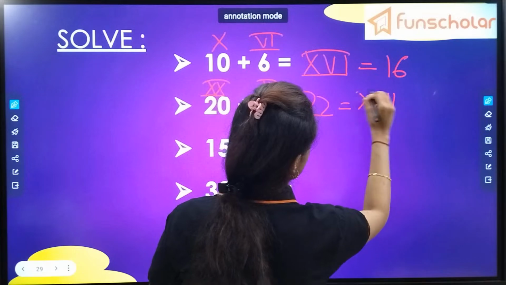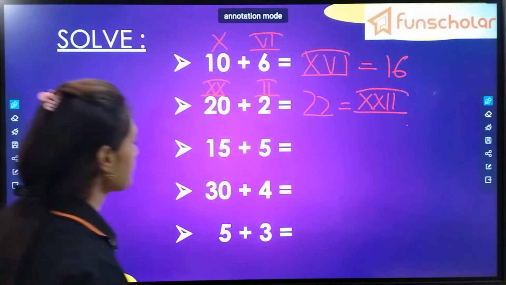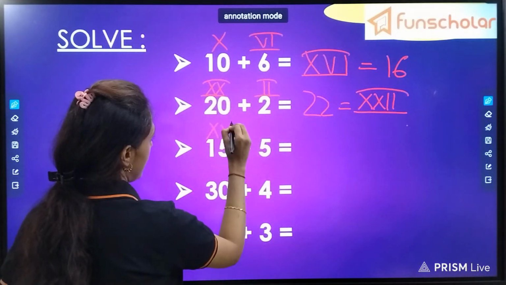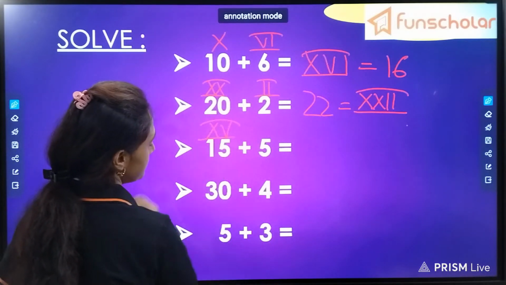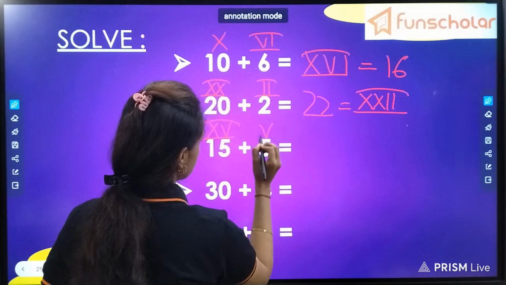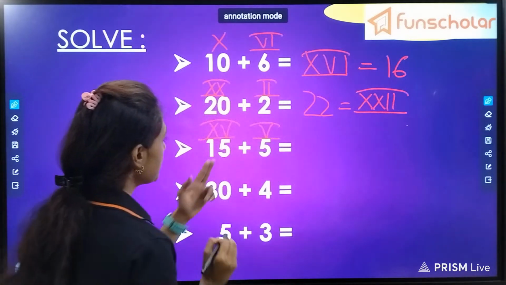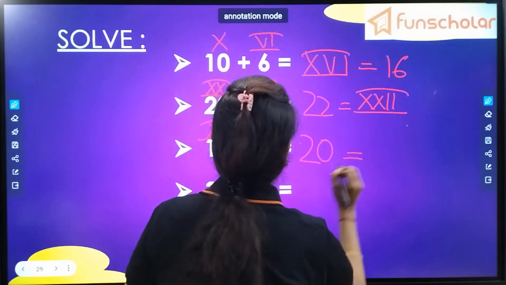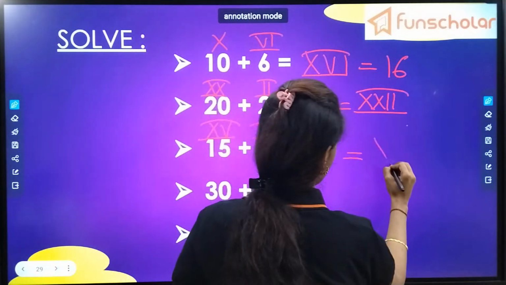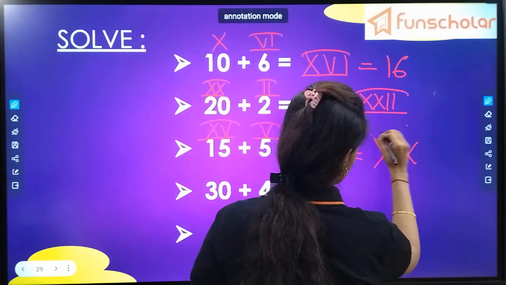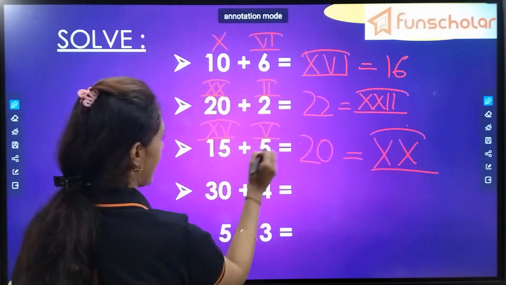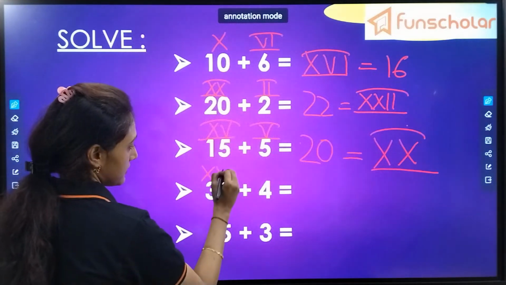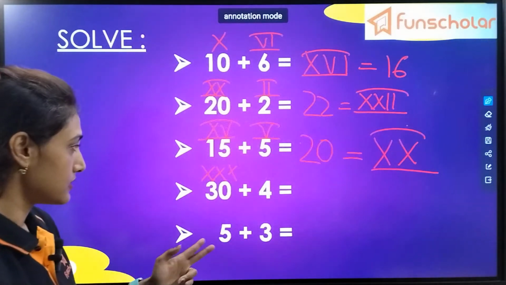XXII, right? Now 15. 15 is represented as X and V. 5 is represented as V. So it becomes what? 20. Now how is 20 represented? Again X, X. We just need to add the numbers. 30, triple X, right?